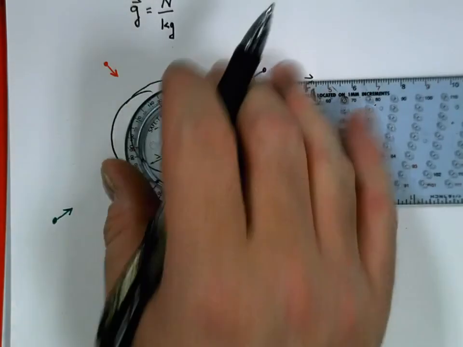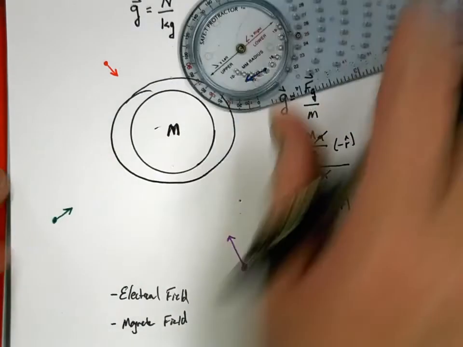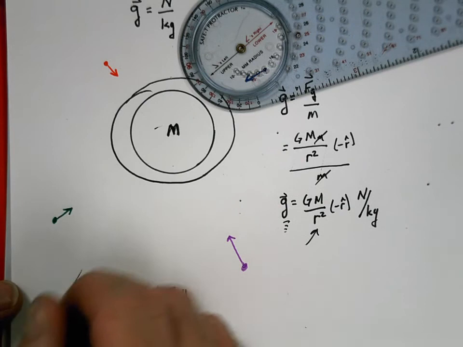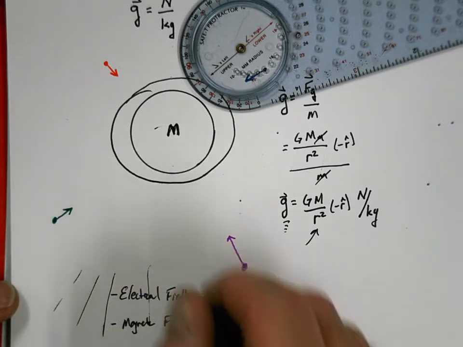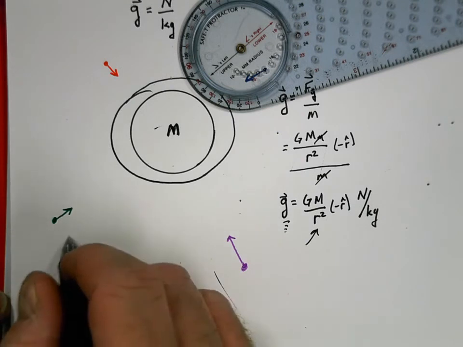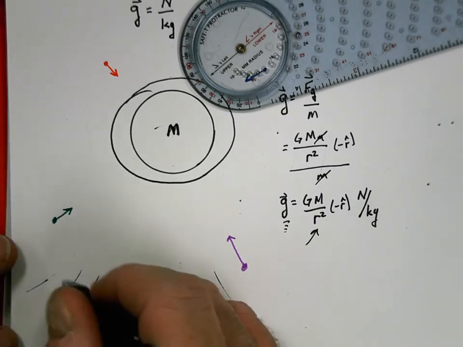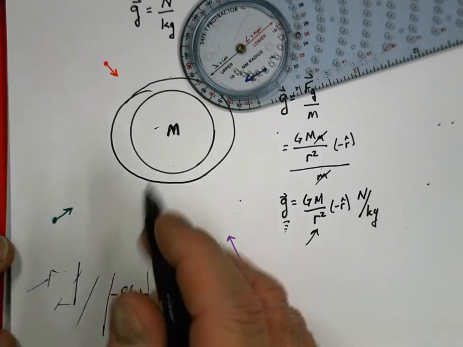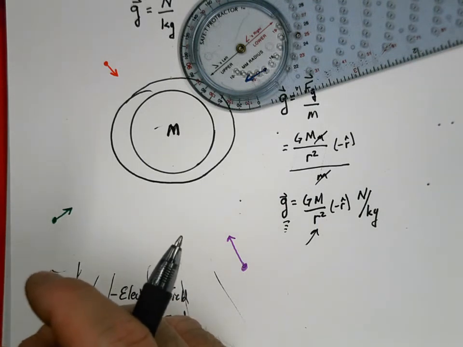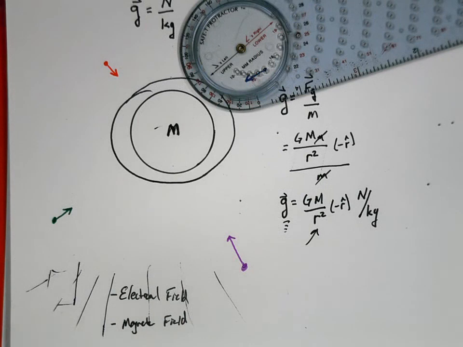Well, what happens as we move further and further away is that those lines start getting further apart, and there's actually a term we're going to see eventually. It's called flux, and it is the number of field lines that pass through a unit of area. It's a concept that Faraday came up with, and it's very difficult to specifically quantify.